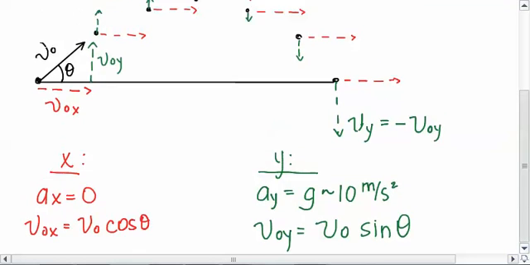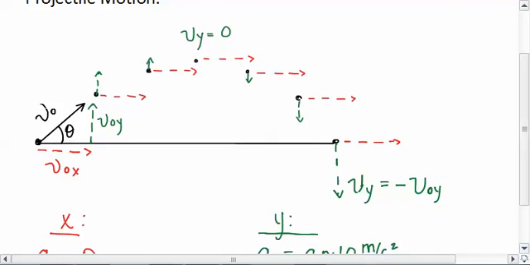Now, when you toss something in the air, and it's moving in the x direction and the y direction at the same time, does it move in the x direction from the time it left my hand till right before it hit the floor? Was it moving in the x direction for a longer amount of time than the y direction?